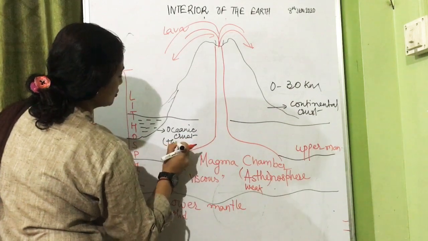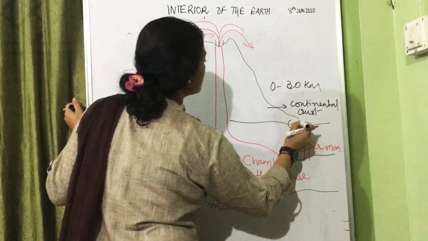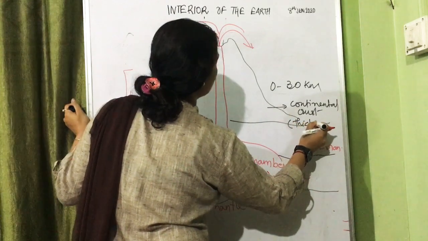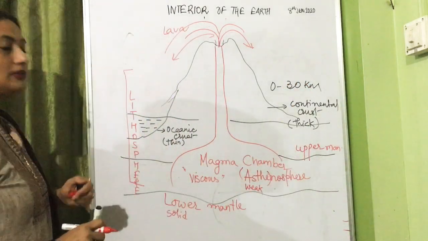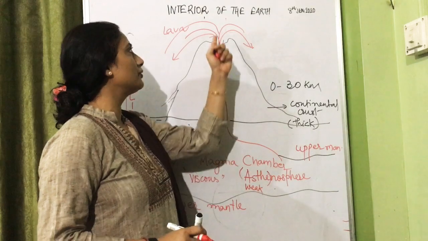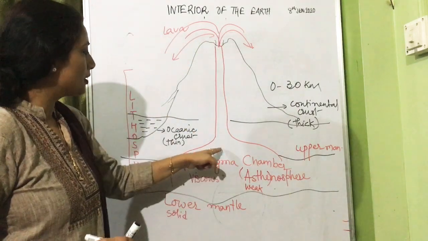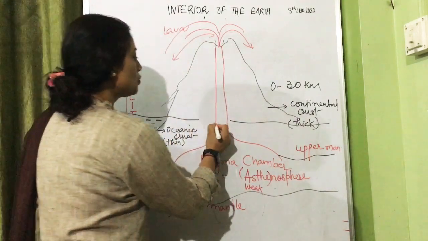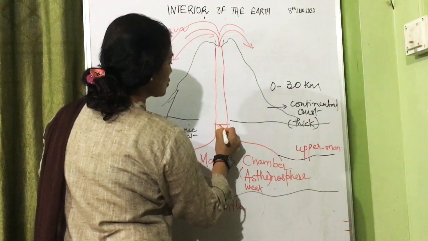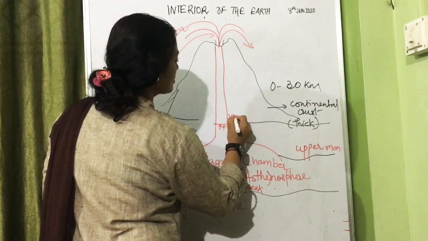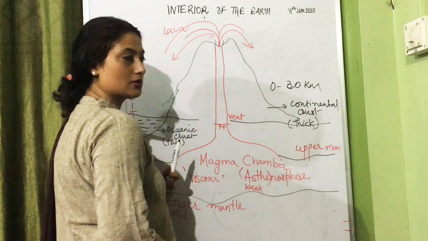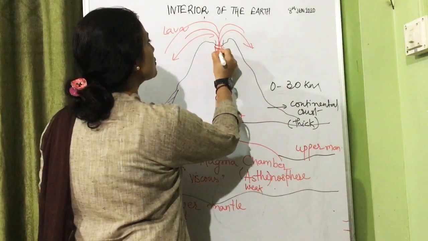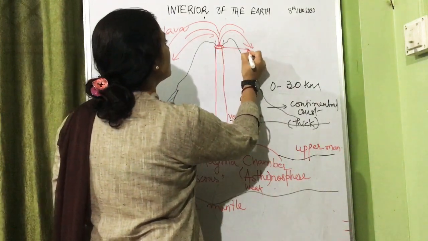Oceanic crust is thin and continental crust is thick. The source of magma, which comes out in the form of volcanic lava, is your magma chamber. This opening through which the magma is trying to come out is known as the vent. The opening on the surface through which it is coming out is your crater.